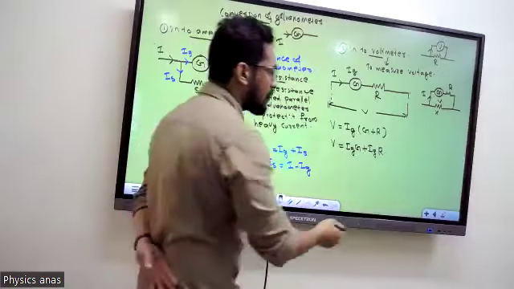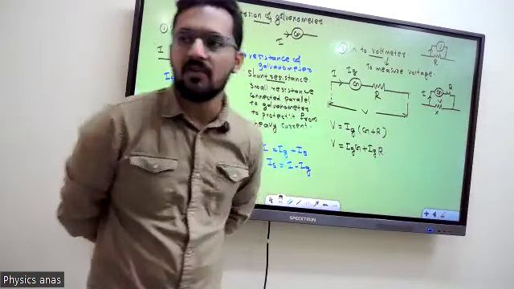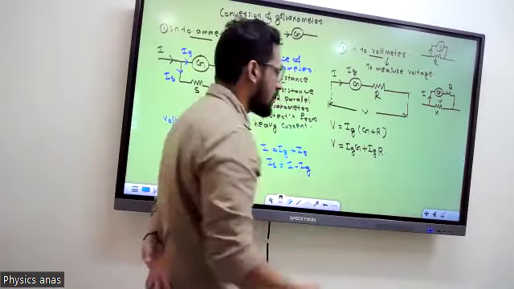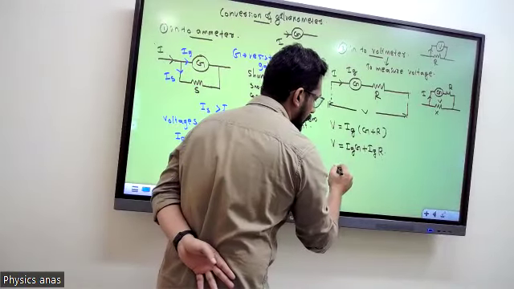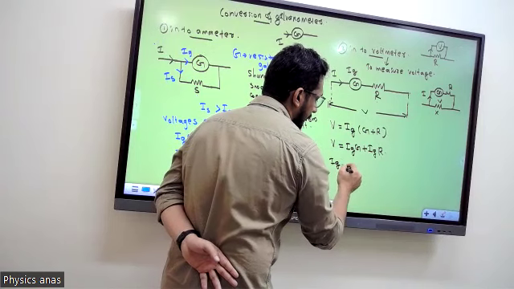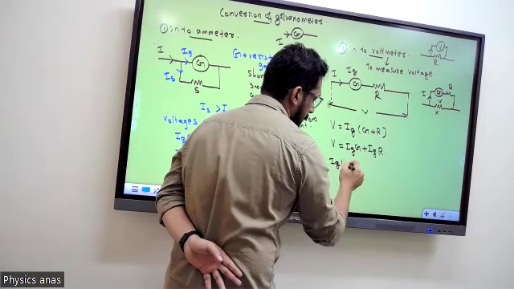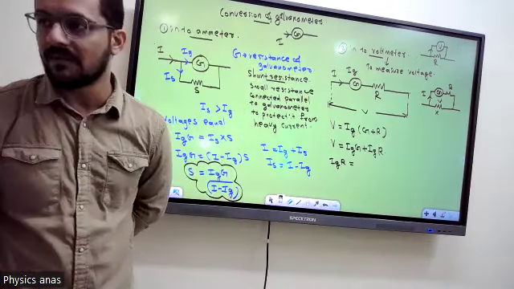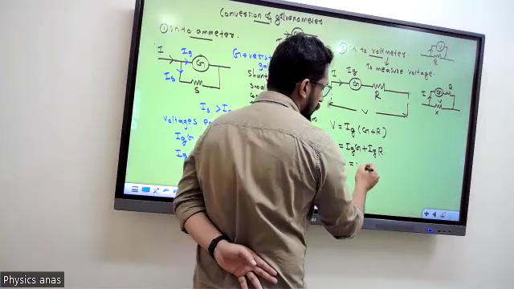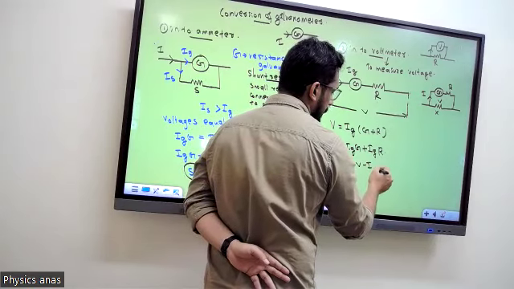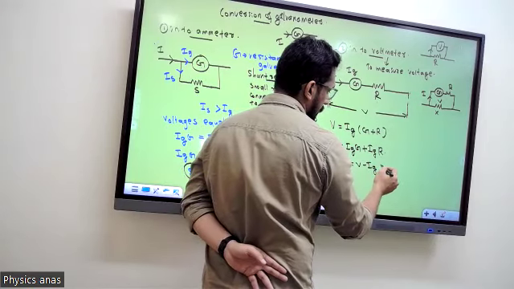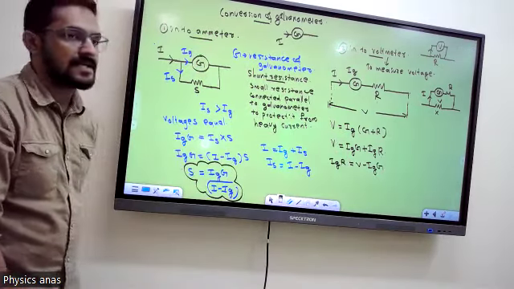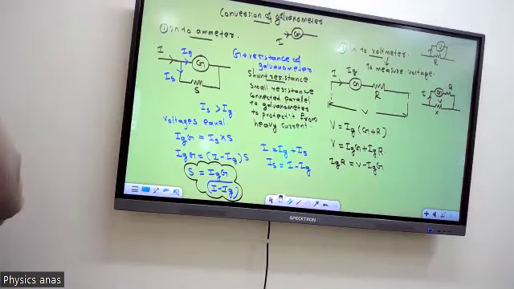Like that, you have to find the value of R. You are placing Ig R here, and you are bringing the Ig G to the other side. What will be then? That will be V minus IgG.